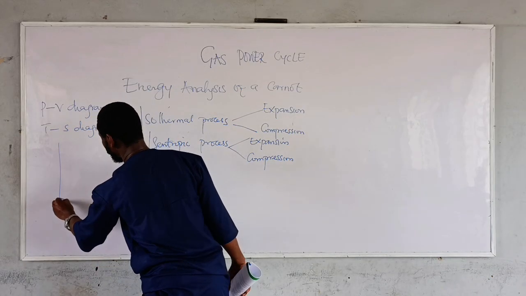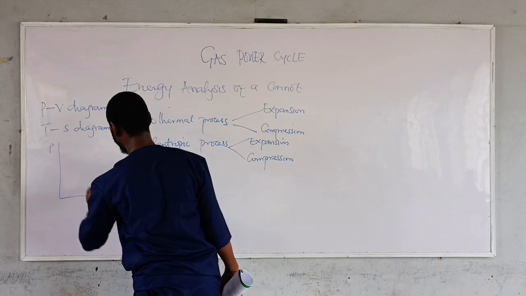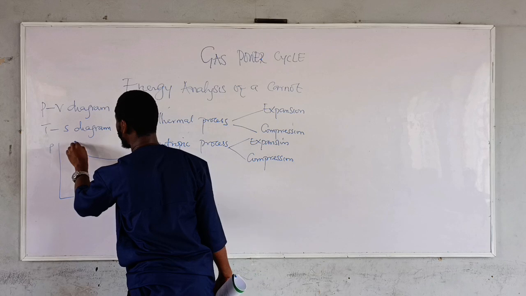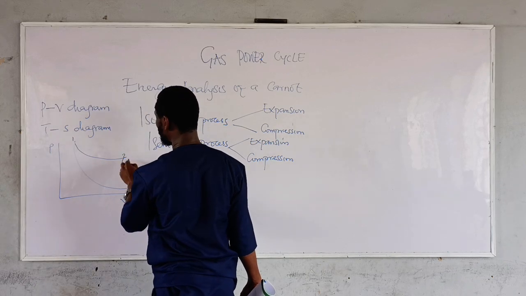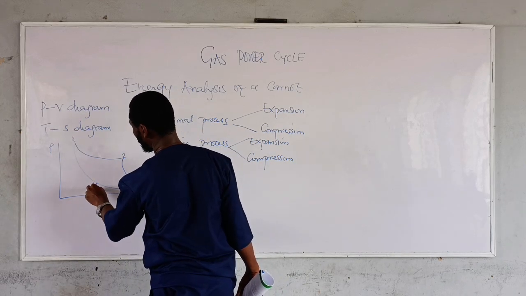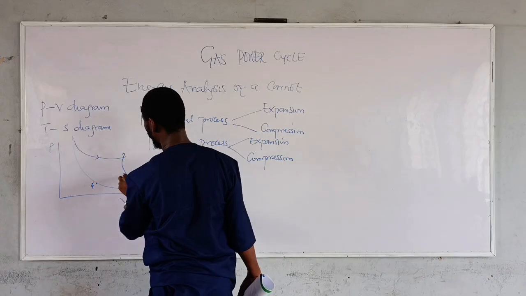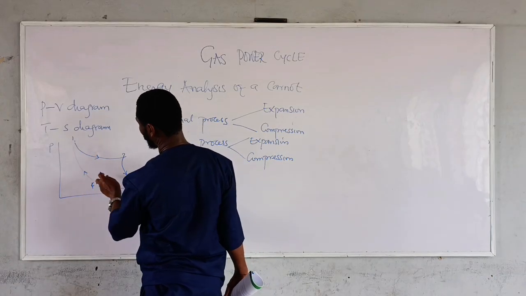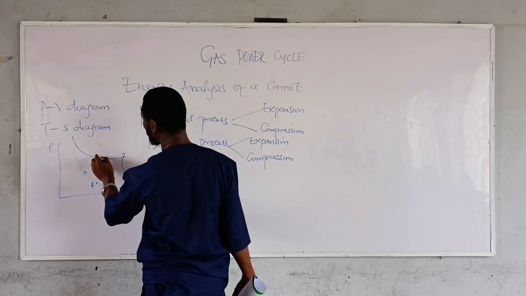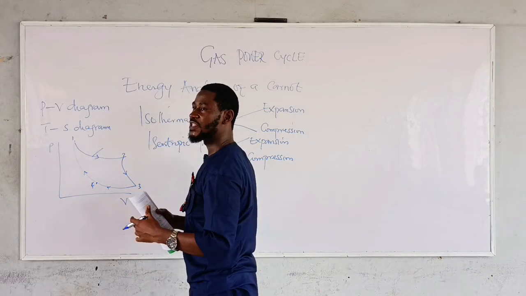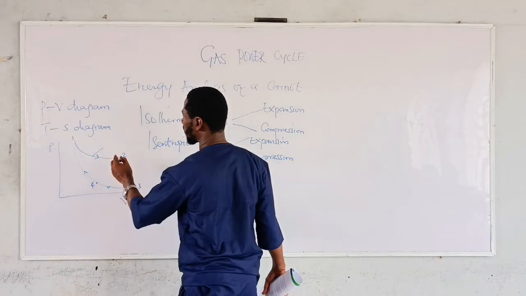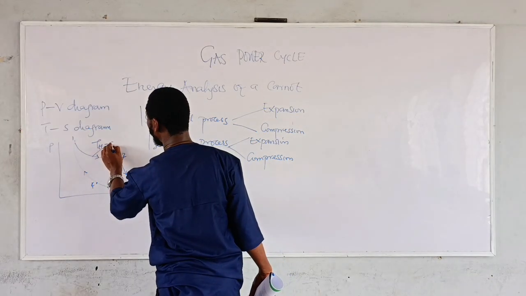Now let's look at this. This is the PV diagram. It's process 1 to 2, 2 to 3, 3 to 4, then 4 back to 1. In process 1 to 2, this is an isothermal expansion process. At this phase, TH is constant.